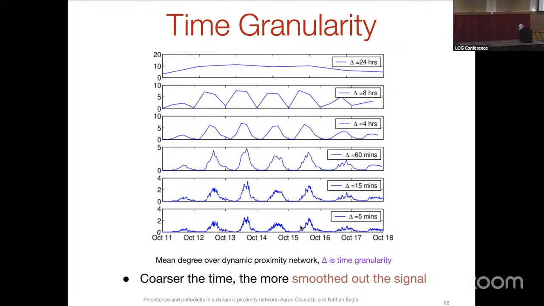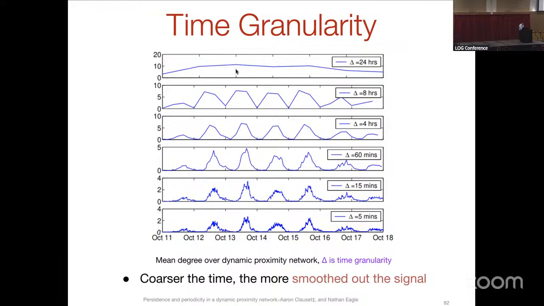When you have the 5-minute signals at the bottom, which is the most fine-grained, you can see a lot of finite details. It's also kind of noisy, right? There are a lot of changes, and then you smooth it out to 15-minute intervals, and then go to 60 minutes. And then I guess the most drastic is the 24-hour interval.